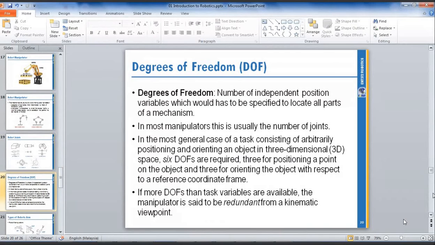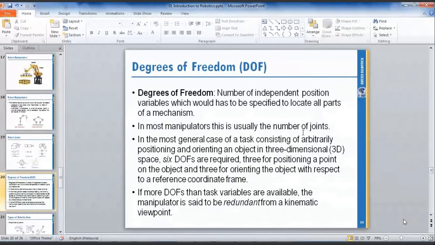Okay, degree of freedom. What is degree of freedom? Degree of freedom is the number of independent position variables which would have to be specified to locate all parts of a mechanism. In most manipulators, this is usually the number of joints. So the important thing to remember, easier: degree of freedom is how many joints.